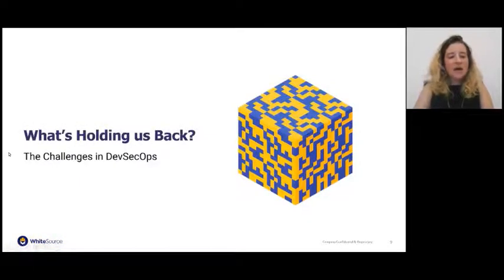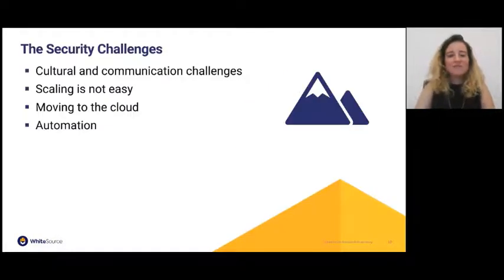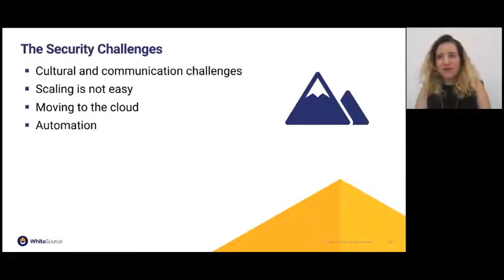Now, what's actually holding us back? I mean, what are the challenges in DevSecOps? Eventually, most of them are very similar to the DevOps challenges that we're speaking about. The first one is the cultural and the communication challenges. If today we have 2 or 3 different teams working on security, development, and operations, or even a security team and a DevOps team, there is a very big gap between them.